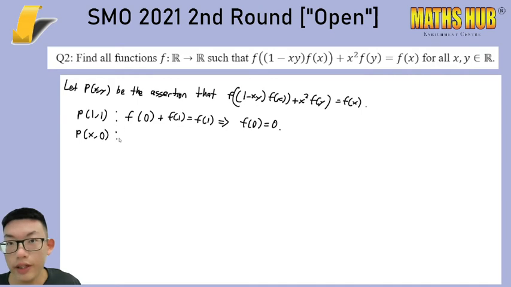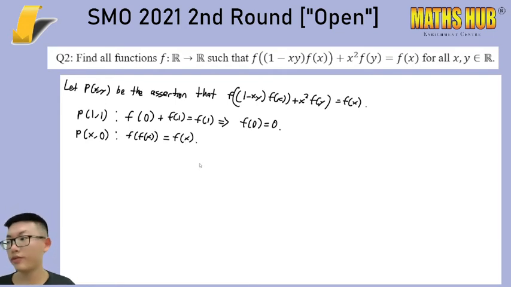So y equals to 0 would give me f(x). f(0) is 0, so f(f(x)) equals to f(x). Now remember that when you see something like f(f(x)) equals to f(x), this is usually going to come in quite handy at some point. If you have multiple functions, f of f or something like that, you can just squash it down. So we don't mind that.